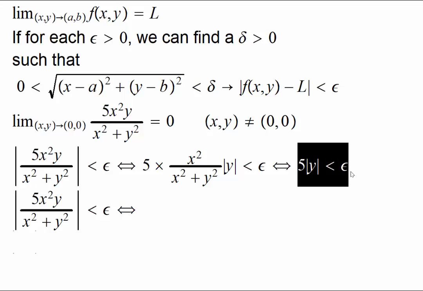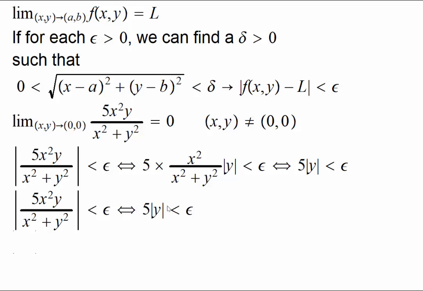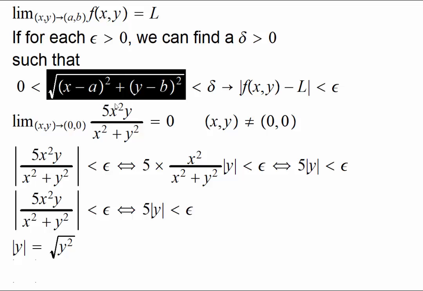Now notice this here, that if you look at this absolute value of y, then the absolute value of y is the square root of y squared, right? And remember what we want to bring in here is this expression where a and b are 0. We got a square root of y squared, and all we need is an x squared in over here.